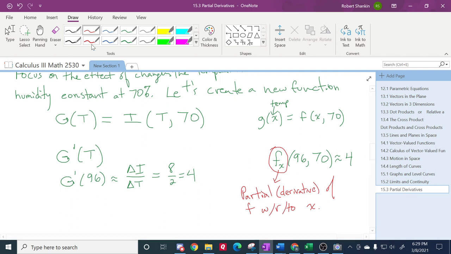And over here, g was just a function of one variable. So it's just an ordinary derivative for cap G. But the real function I was a function of two variables. And it doesn't have a prime. You can't go I prime.